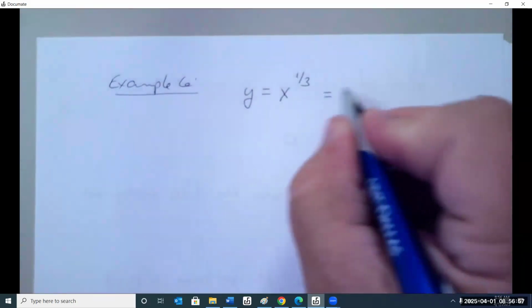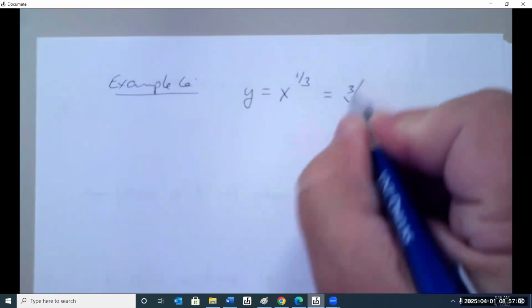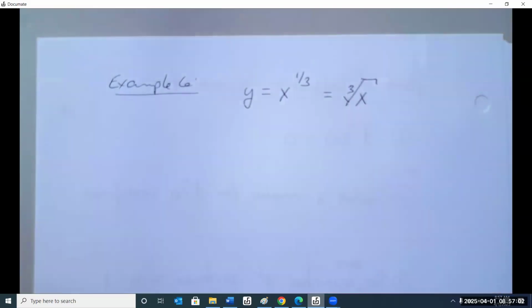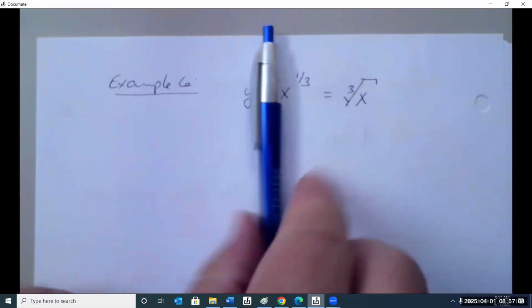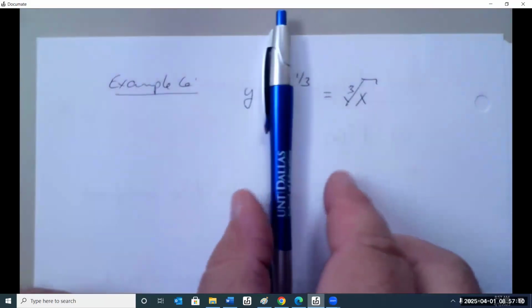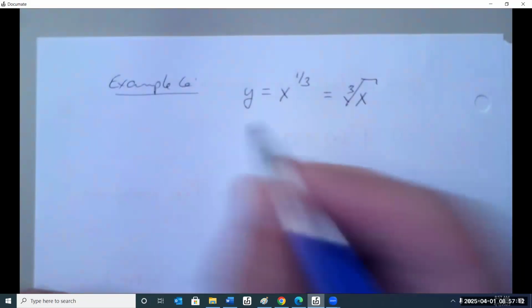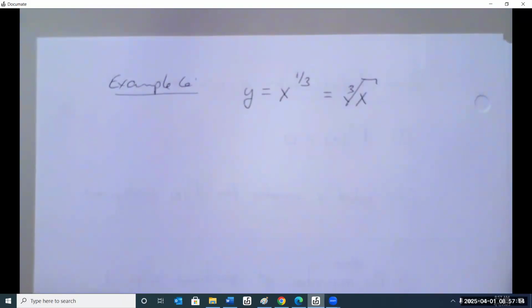Or I could have given you this equation as cube root of x. I should have given you that and seen how you solved it. Because the question is asking, find the point of inflection.